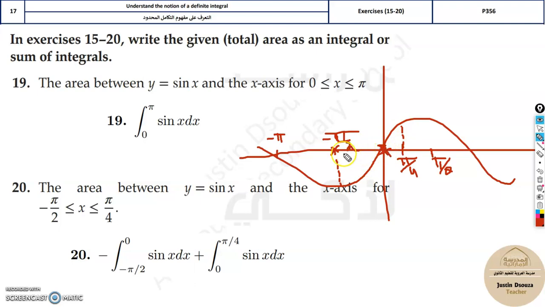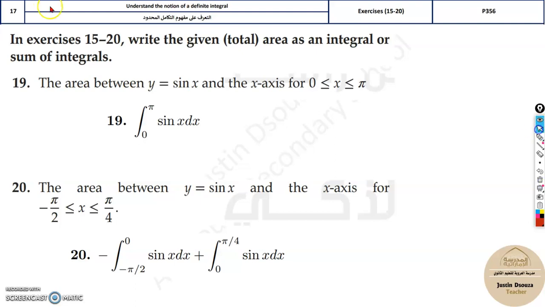From minus pi by 2 to 0, it is one interval of sine x dx, and it's minus. Just remember to add the minus sign. Whereas from 0 to pi by 4, it's just like what we did before, just sine x. That's it. So when it comes to trigonometric functions, just remember to use the graph.